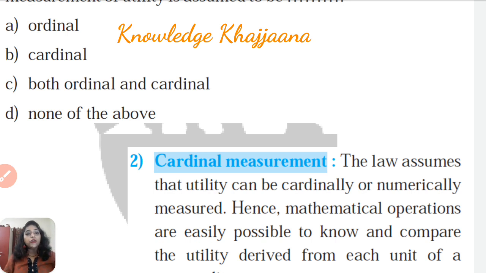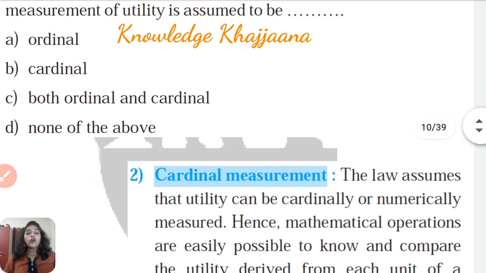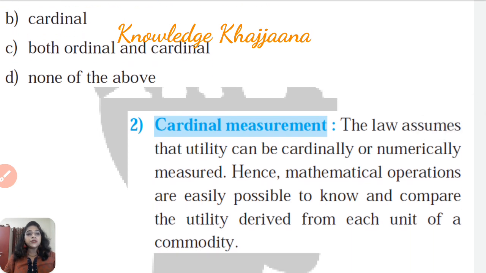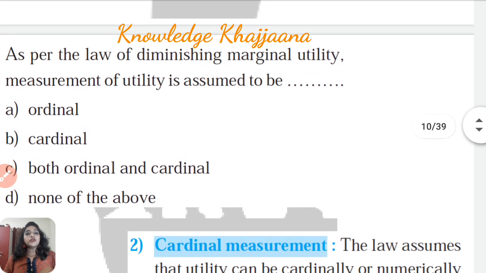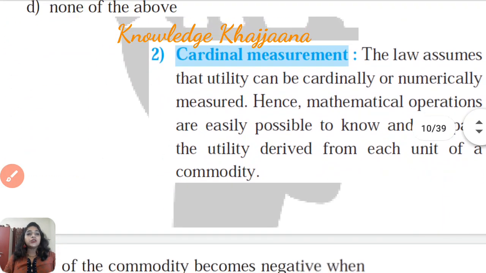We have seen that utility can be measured like 1 util, 2 utils, 3 utils, so utilities can be measured in terms of numbers. Hence mathematical operations are easily possible to know and compare the utility derived from each unit of a commodity. This is again one of the assumptions of the law. So utility is measured in terms of numbers, which means cardinal. The answer is cardinal. Now let's move to the next question.